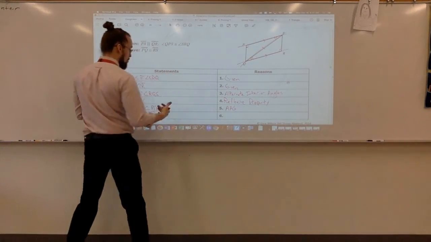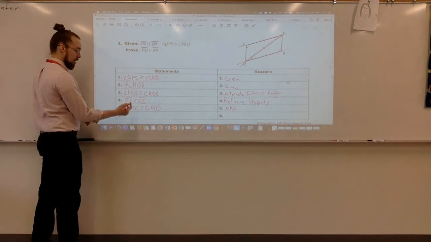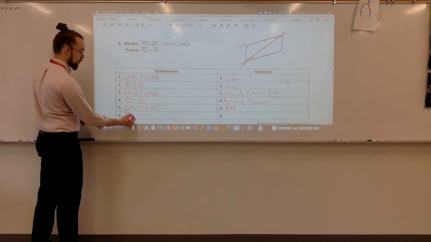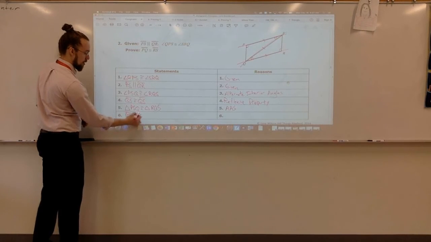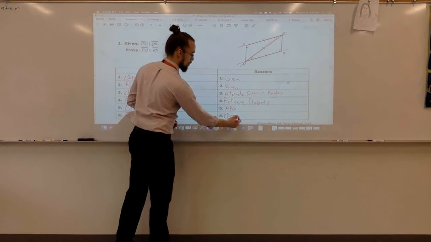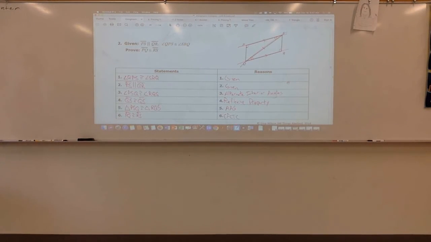So now, the final step, once I've shown that the triangles are congruent, then I can claim this pair of corresponding sides is congruent. Because corresponding parts of congruent triangles are congruent. Questions?